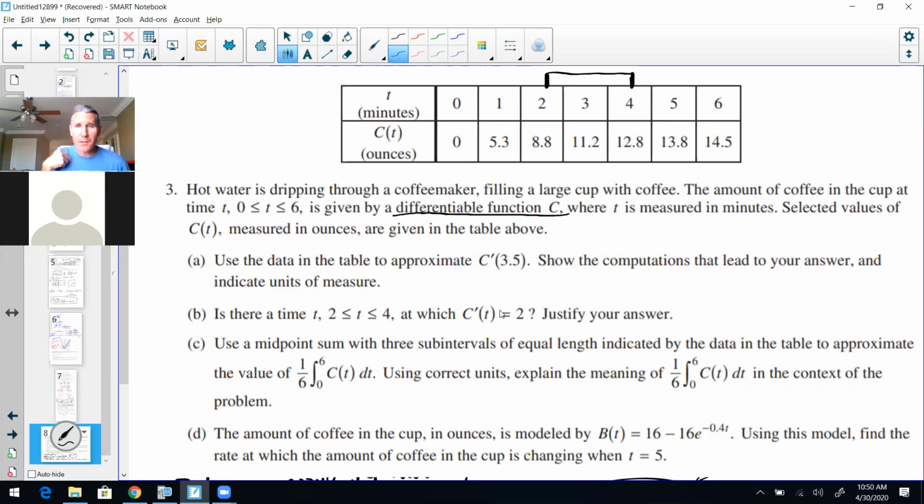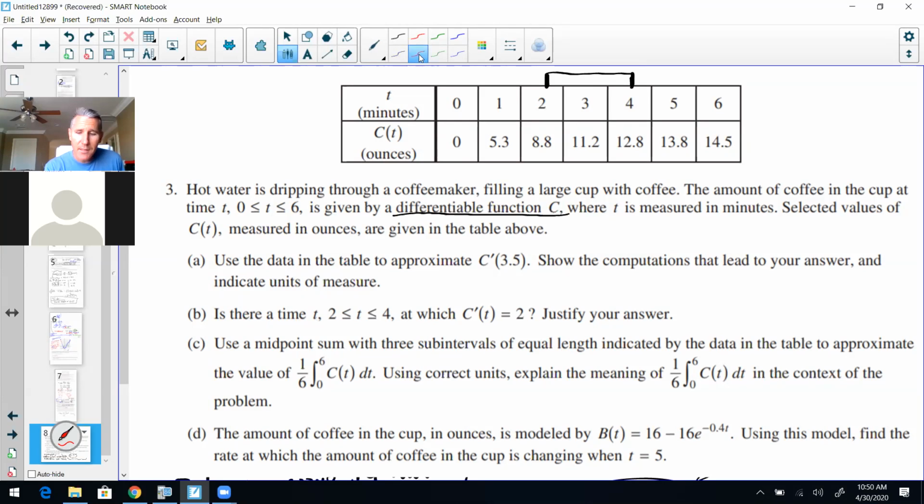I've never had a coffee maker that does that and then sucks the coffee back in, meaning that C prime would never be negative. That'd be weird. But yeah, so it's the rate at which the amount of coffee in the cup is changing, which is also the rate at which the coffee is coming out of the maker, assuming we don't lose any coffee.